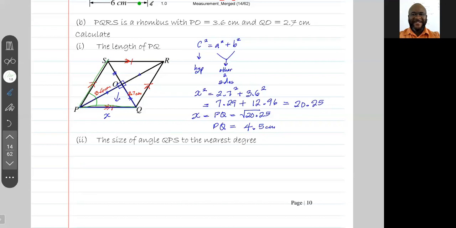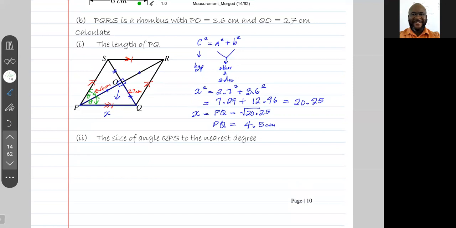Now, the best way to find this is to find it in pieces, using the fact that these two angles are equal. So what I'm going to do is find one and multiply it by 2.